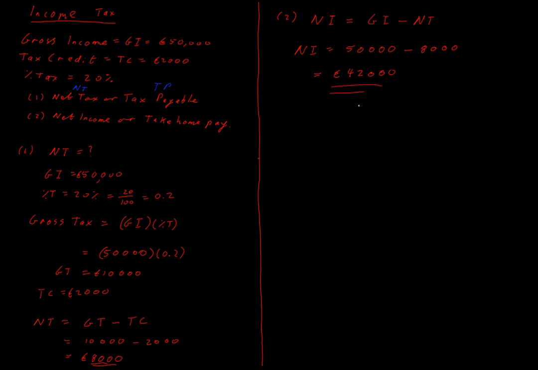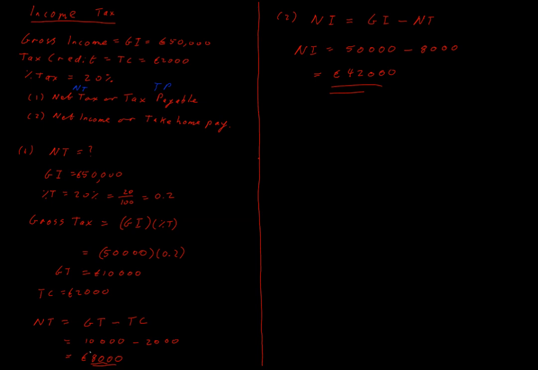So that's all we need for income tax. You can see that the maths involved is very straightforward, but we have to be able to tell ourselves the story of the steps. So we're going to start out with a particular amount of gross income. We're going to find out the gross tax, which is just going to be 20% of that. Then we're often going to take away our tax credit because it's money the government says we don't have to pay.